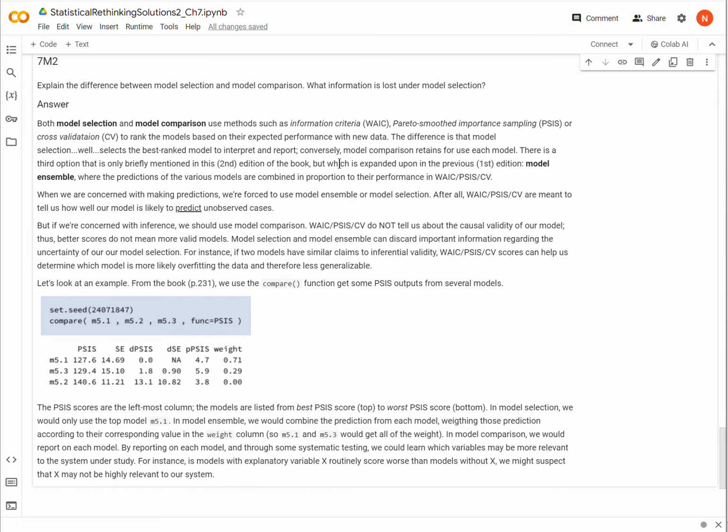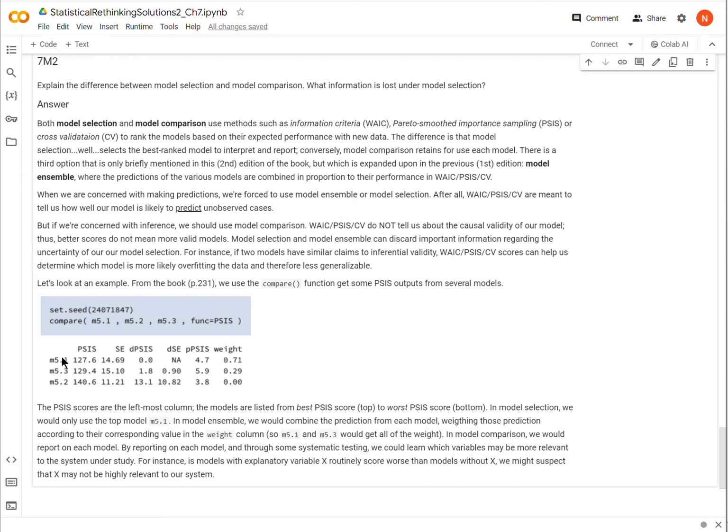There is also a third idea that is not really expanded on in this volume of the book, but the first edition of Statistical Rethinking talks about it a little more. It's called model ensembling, where we take the predictions of several models and combine them into an ensemble prediction. The amount of weight that each model's prediction receives is based on the ranking of these scores.